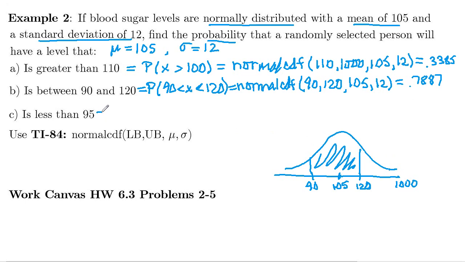What's the probability that a person has a level less than 95? So that's the probability that X is less than 95.